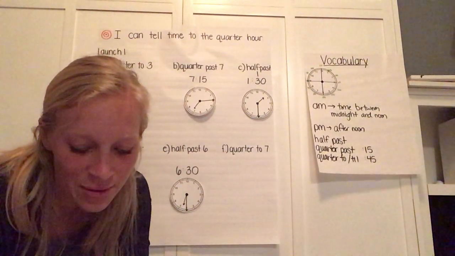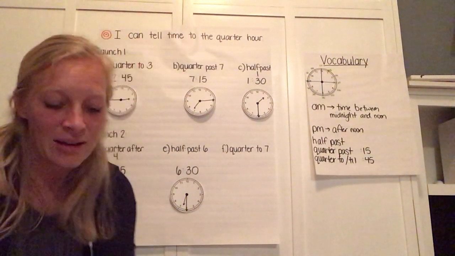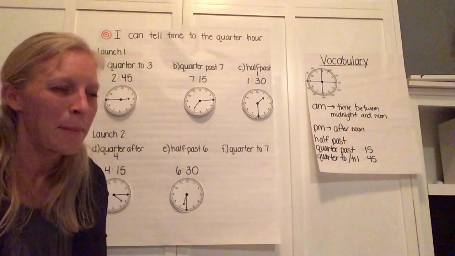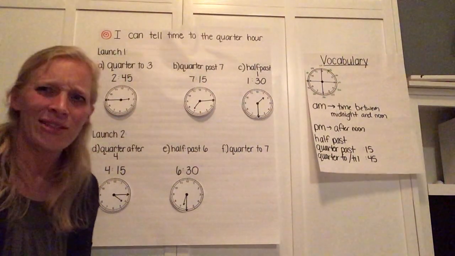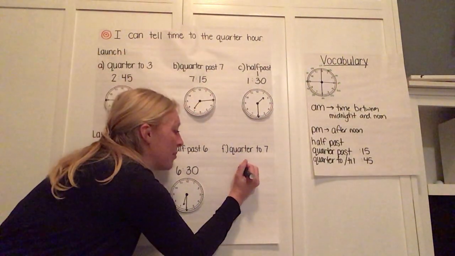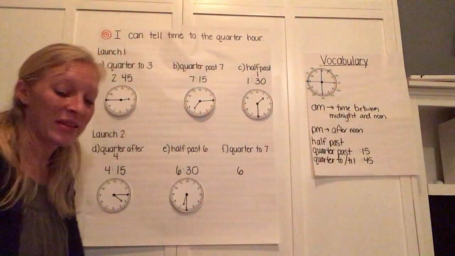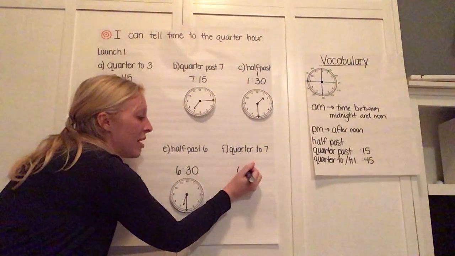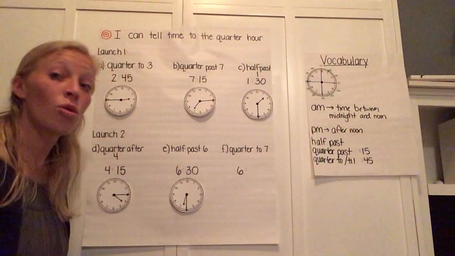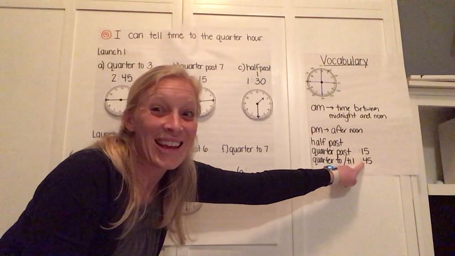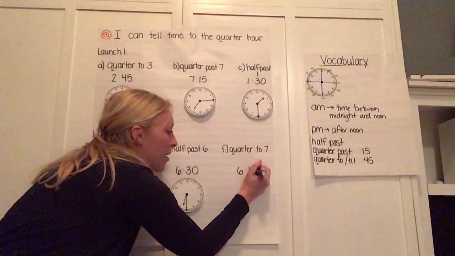Some of you think no. If it's quarter till 7, is it on the 7 yet? So if it's not on the 7, then what would it be? It's going to be on the 6. It's going to be the 6 o'clock hour. What will my minute be? If it's quarter to or quarter till, it's going to be at that 45-minute mark.